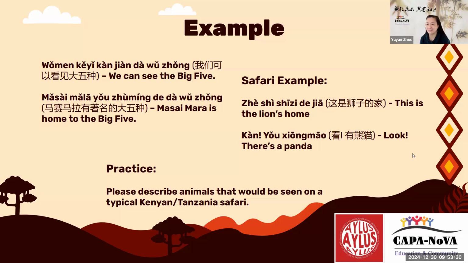Look, there's flamingo. 看有火烈鸟和羚羊, Alex, 看, you got it. 看有斑马。There you go. Yeah, and Duncan just said 斑马. That's a zebra. That's another very, very popular animal that you will see. 斑马, zebra.